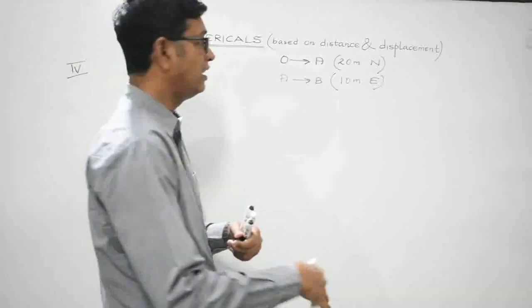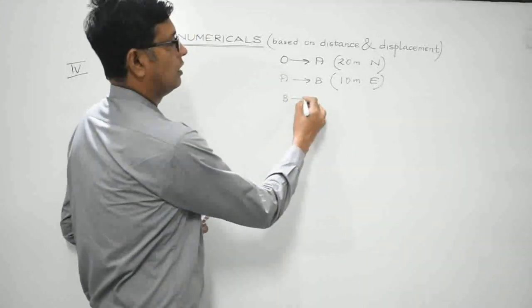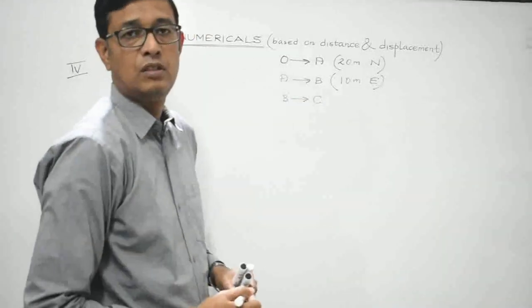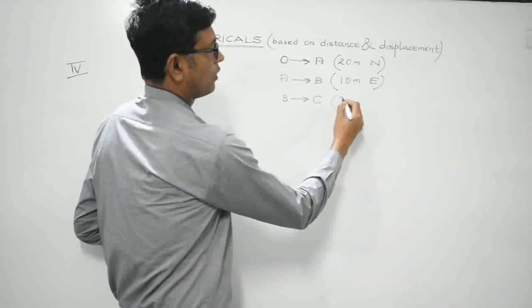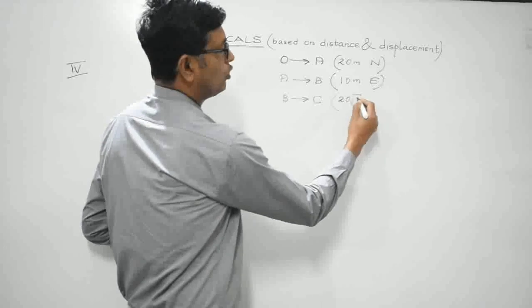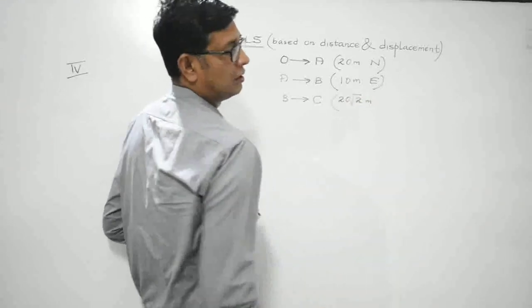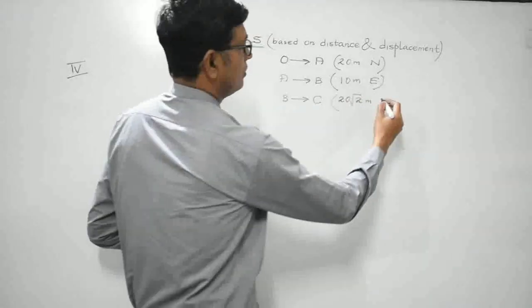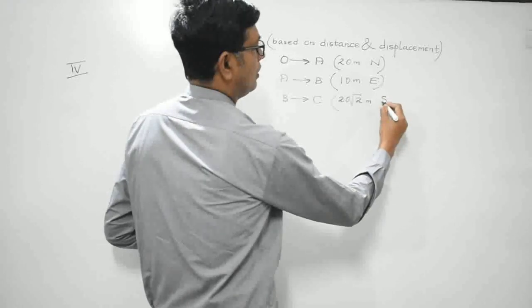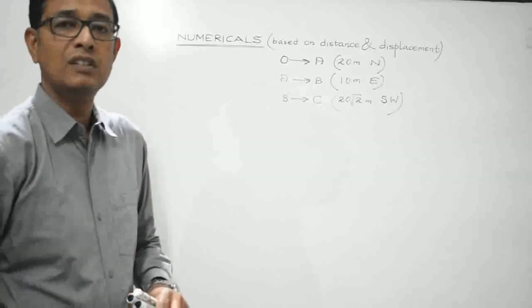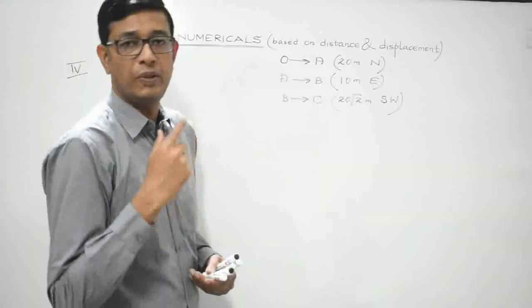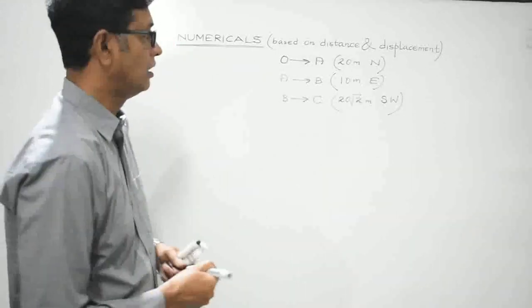And finally he again turns and moves a distance of 20√2 meter along southwest. What will be the distance and displacement of the person?